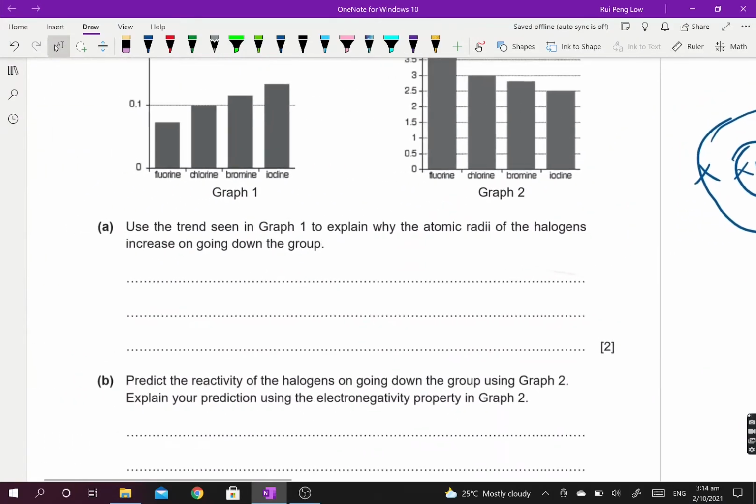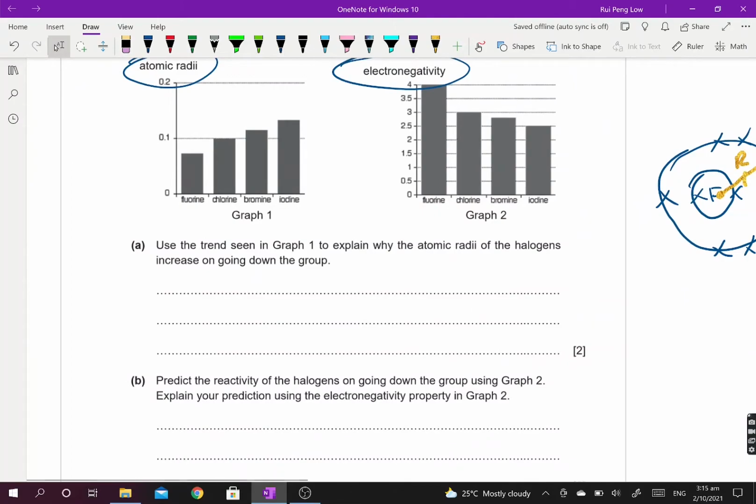Okay, so how are we going to explain the atomic radius? We are going to say that the halogen down the group has more electron shells.